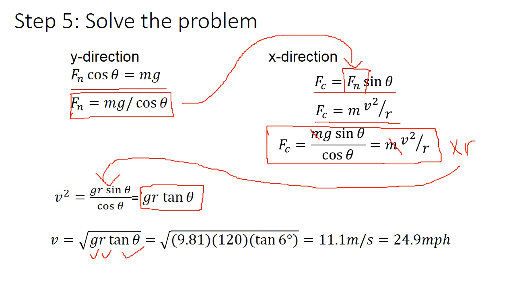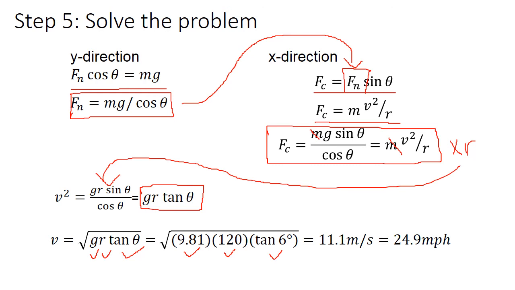So the value of g is the standard 9.81, and the value of r given in the problem was 120. And the value of theta given in the problem was 6 degrees. So therefore, tan theta is equal to tan of 6 degrees.